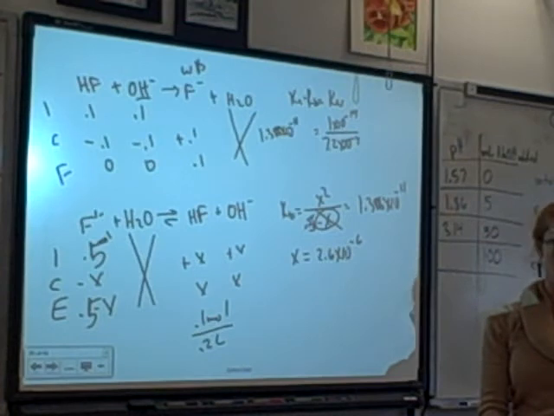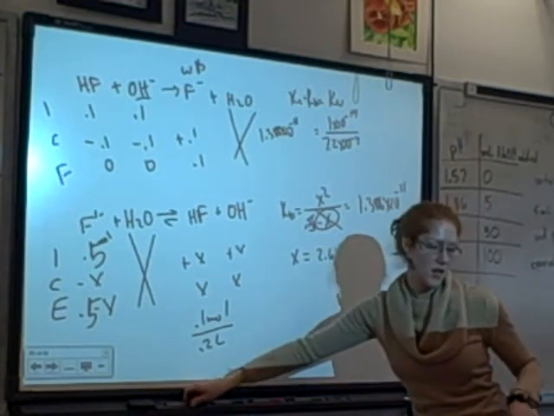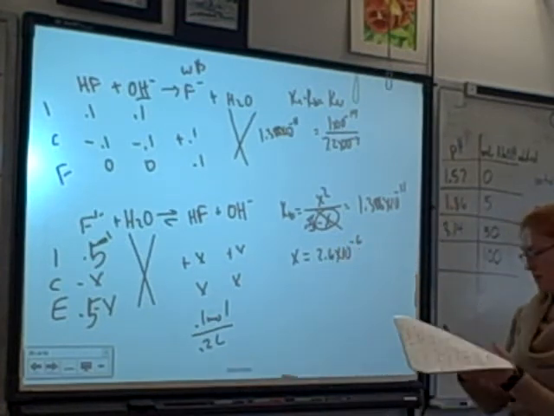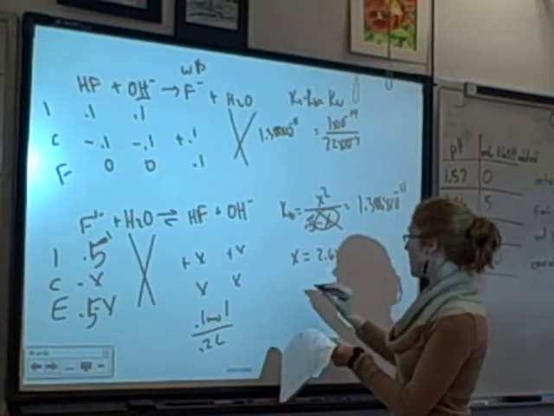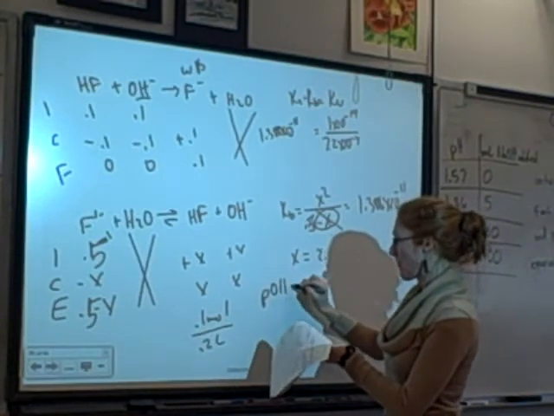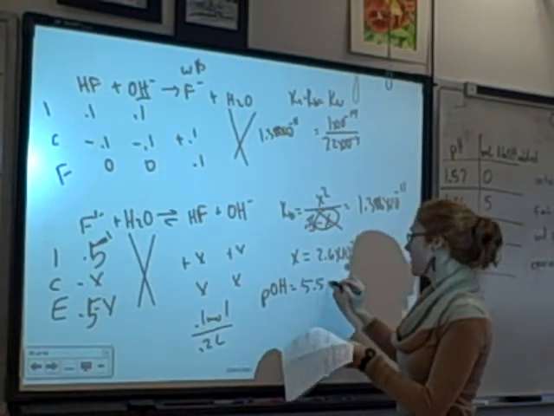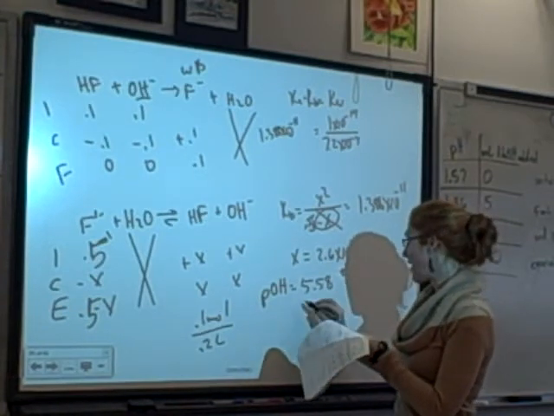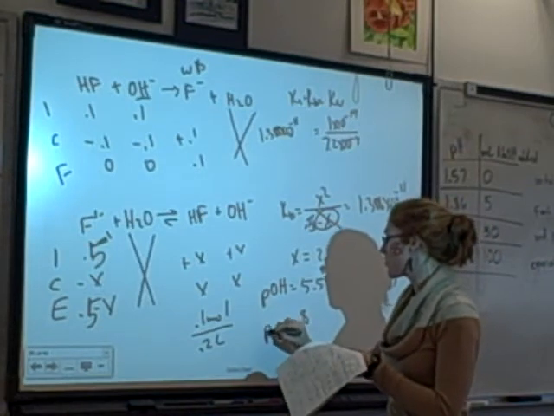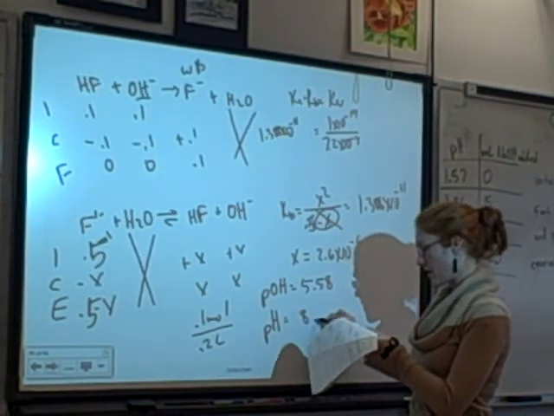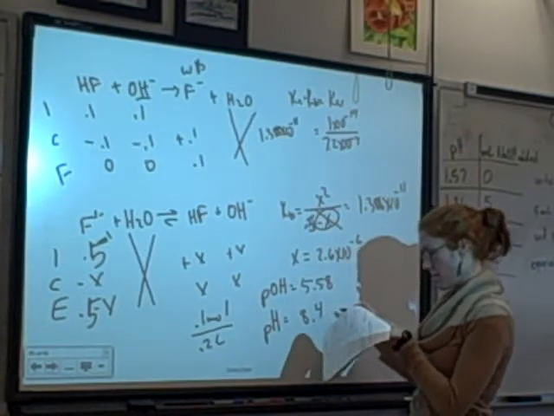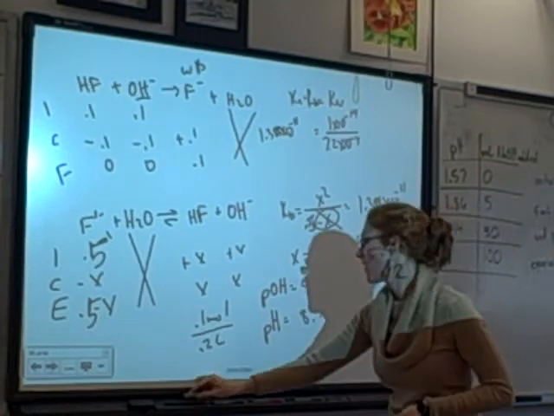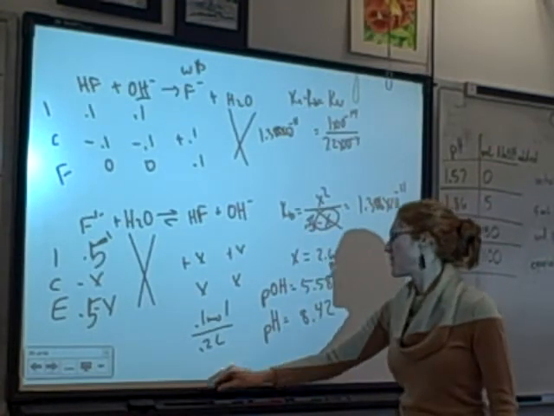So if I negative log that, I'm going to get the pOH. And for this problem, I have that the pOH is 5.58. So my pH is going to be 8.42. So that's my pH at equivalence point.